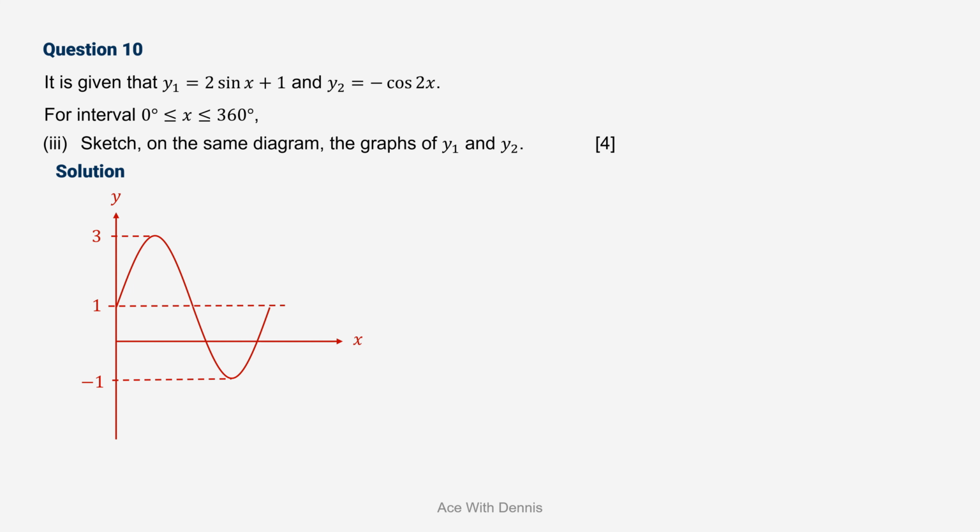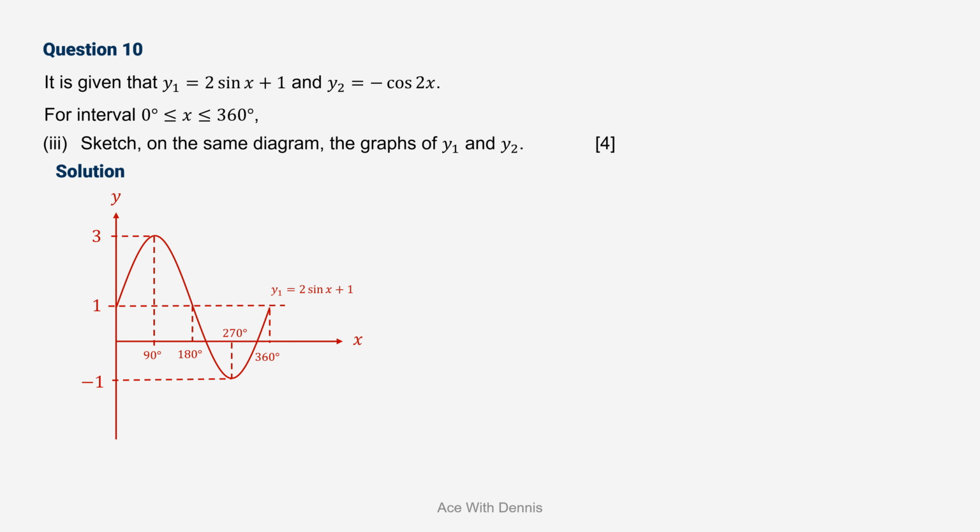Now we label the x-axis. It will end at 360 degrees. Half of this wave is 180 degrees. In between 0 and 180 degrees, it will be 90 degrees. In between 180 degrees and 360 degrees, it will be 270 degrees. Label this wave as y1 equals 2 sin x plus 1.